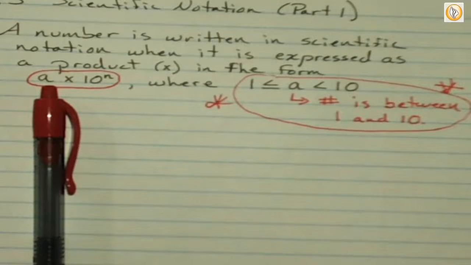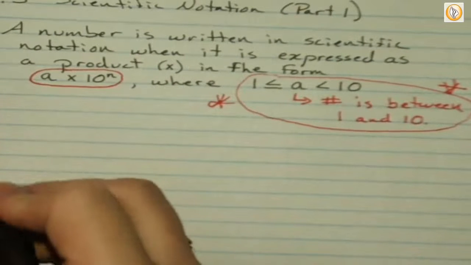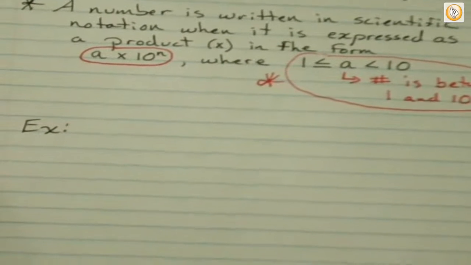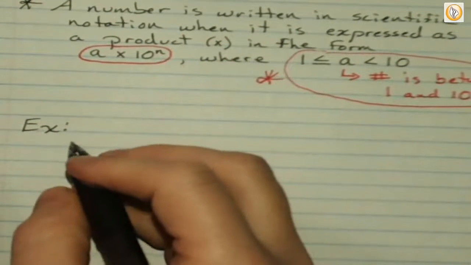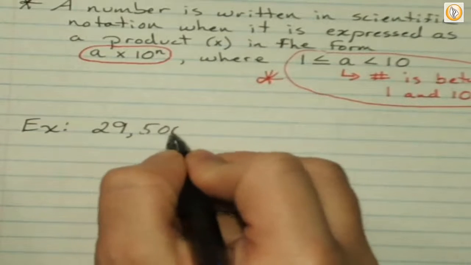Let's see this real quick. Okay, here we go. For example, let's say the number is 29,500.